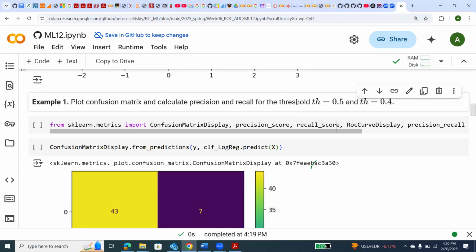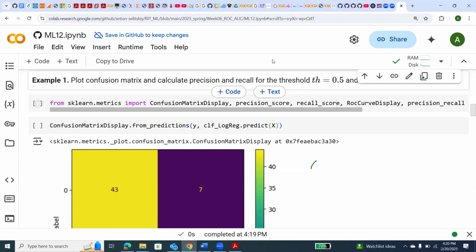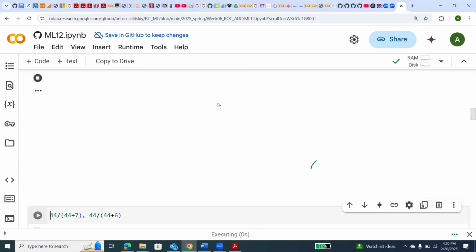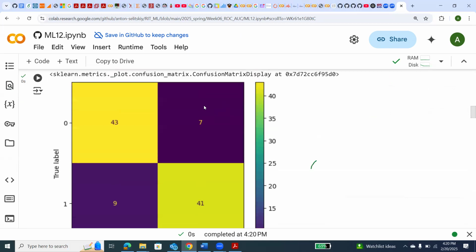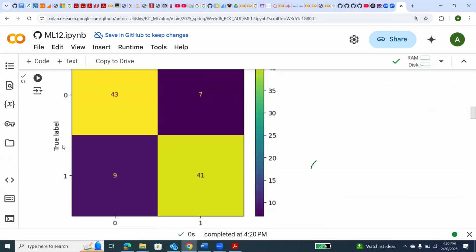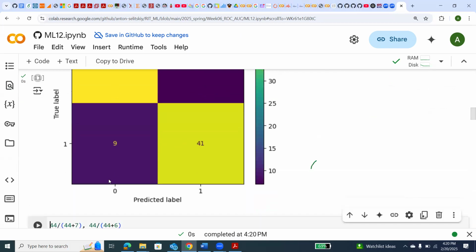If we want to change to 0.4, and this is the confusion matrix, true label is 0, the prediction is 1, so it's a false positive. We have 7 false positives and 9 false negatives.